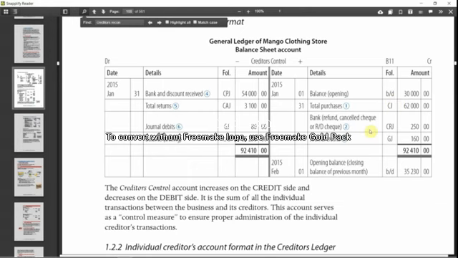Now, sometimes we pay our creditors and then we will record that transaction in the cash payments journal.